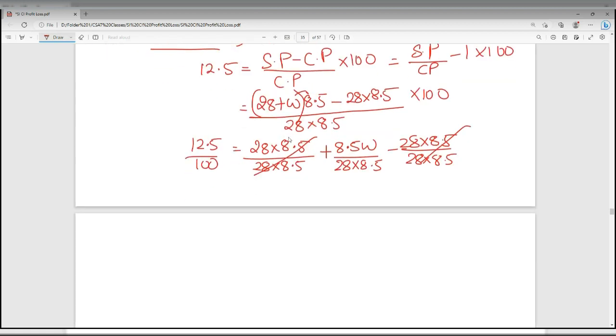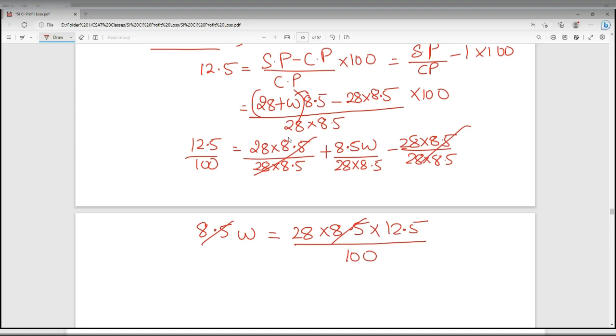So we have 8.5 W is equal to 28 into 8.5 into 12.5 divided by 100. This 8.5 and 8.5 are cancelled. So W is equal to 28 into 12.5 divided by 100.